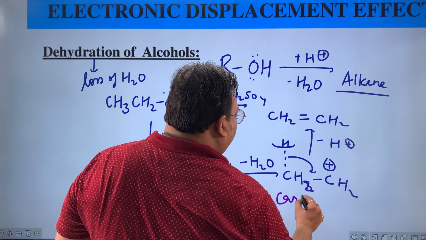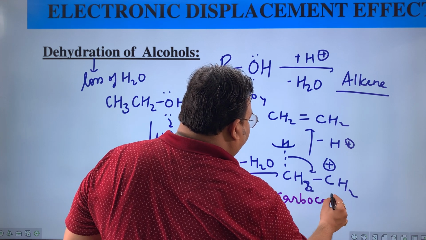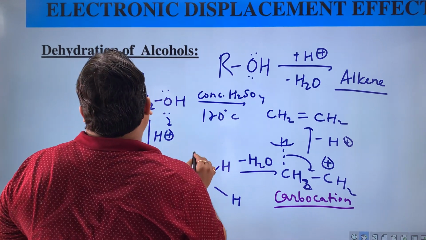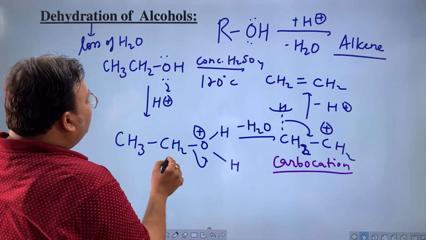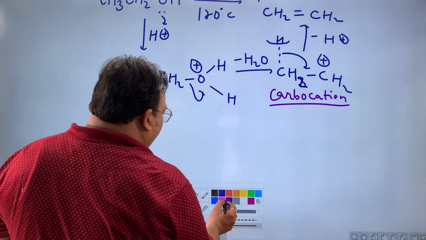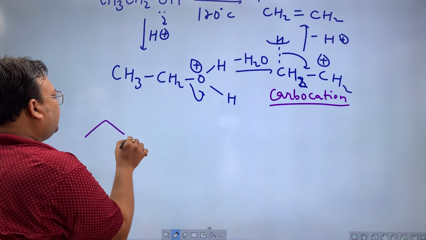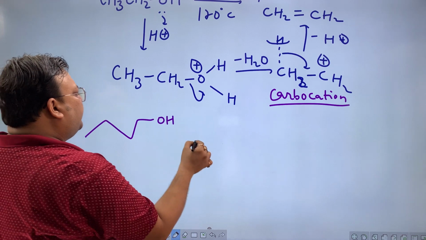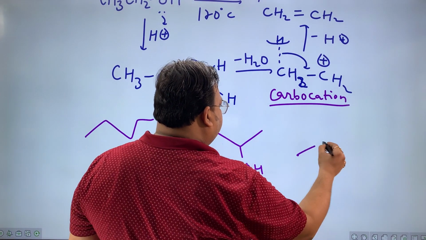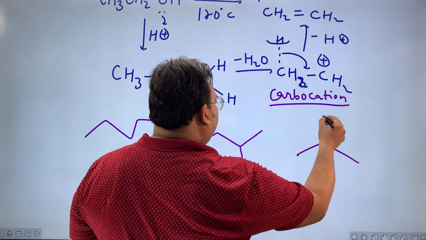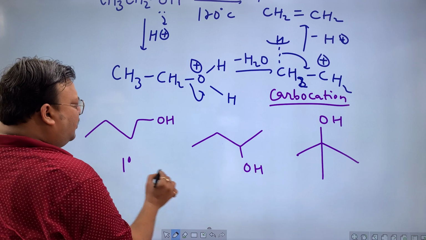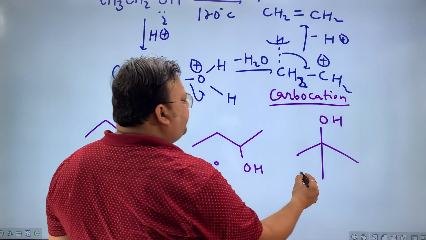And yet again, if the intermediate is a carbocation, the rate of dehydration of alcohol, suppose you are given different alcohols, a 1 degree alcohol, a 2 degree alcohol, and a 3 degree alcohol. You learn this in the chapter of alcohol.